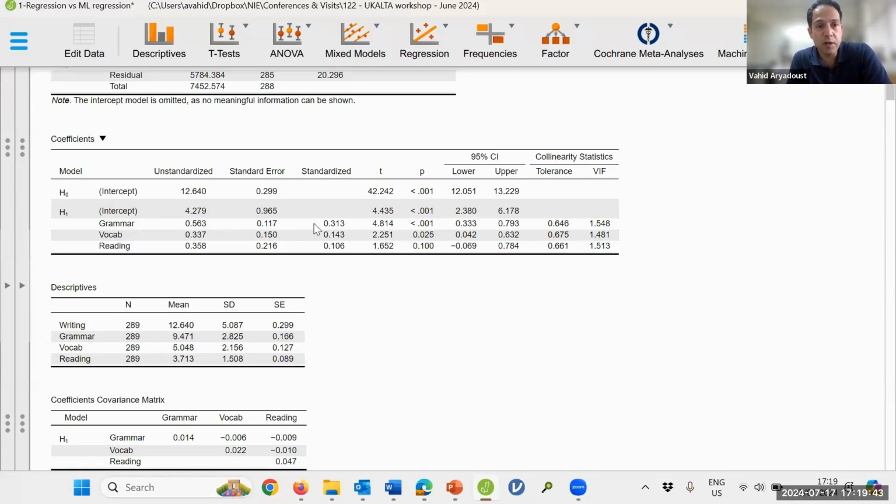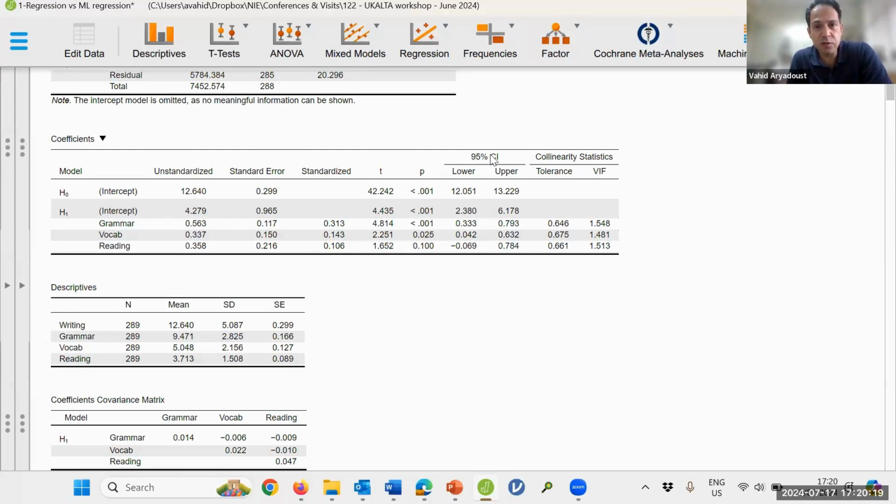So if the grammar scores of students increase by 1 standard deviation, as a result of that, the writing score of students will increase by 0.313 standard deviations. And another example is vocabulary. If vocabulary scores increase by 1 standard deviation, writing scores will increase by 0.143 standard deviations, which is, by the way, statistically significant.